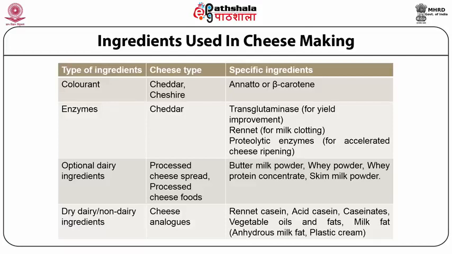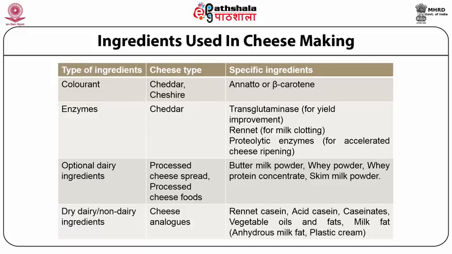But even for this 5 to 6 months ripening, it requires a cold store room. You have to operate the refrigeration plant for so long, and hence if you can go for accelerated cheese ripening, which a proteolytic enzyme can do, your ripening time can probably be curbed to less than even 4 months.